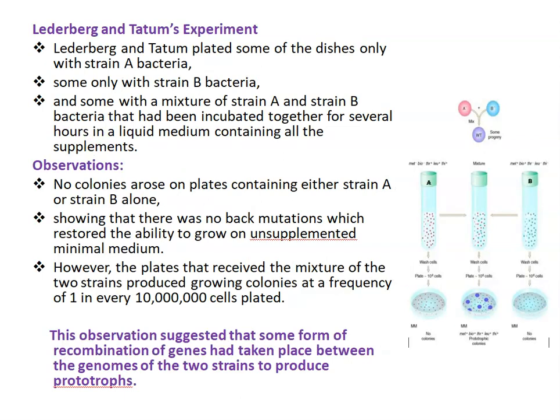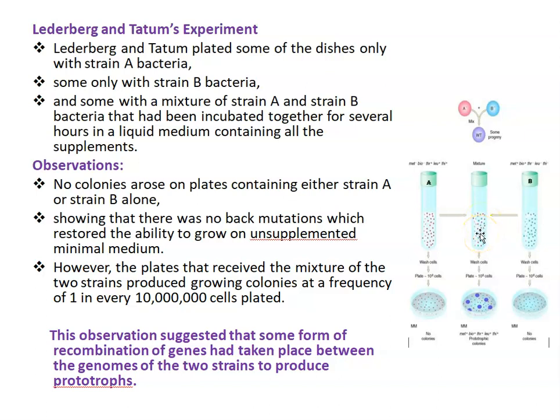Lederberg and Tatum plated some of the dishes only with strain A bacteria. You can see here only strain A, and some only with strain B bacteria, and some with a mixture of strain A and B both, that had been incubated together for several hours in a liquid medium containing all the supplements, right?